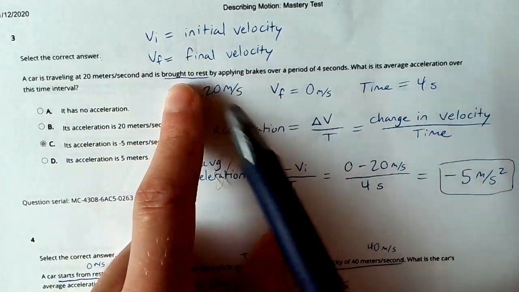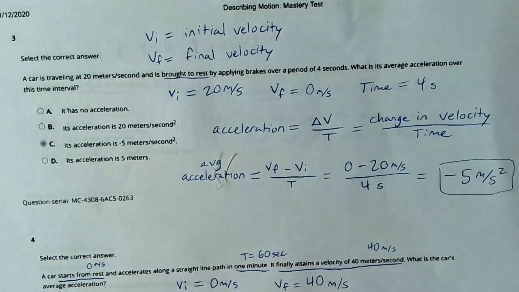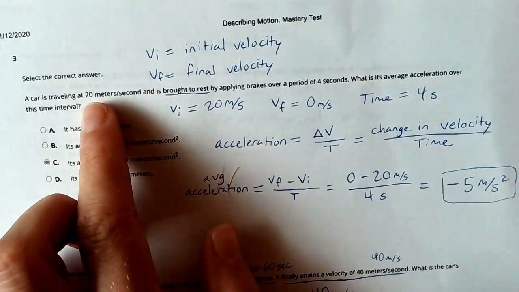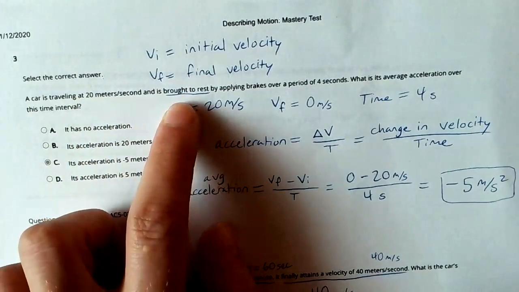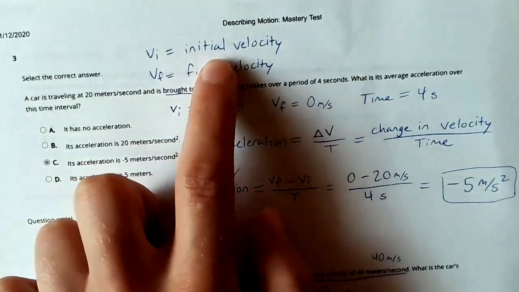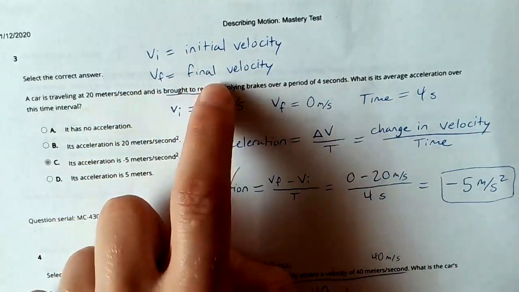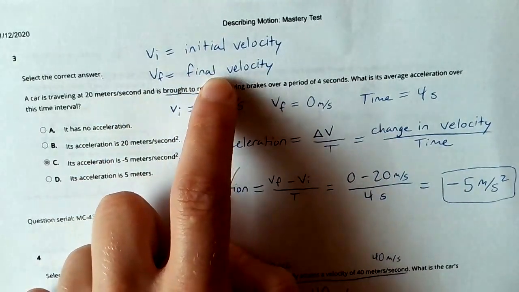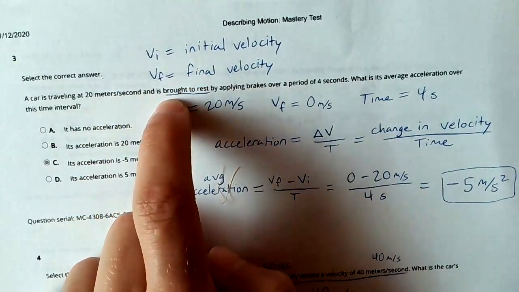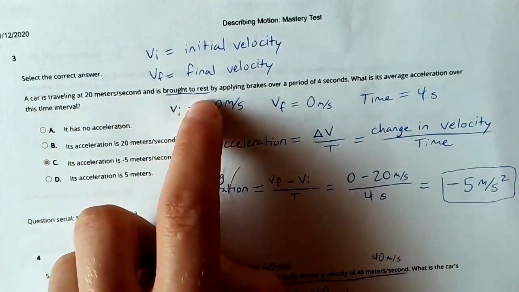If something's brought to rest, it's not moving, okay? And if something starts from rest, that means it's starting from 0 meters per second. But in this situation, it's going 20 meters per second and then it stops. So the initial velocity, the starting velocity, would be 20 meters per second, and the final velocity is 0 because it stops, okay? It was going 20 meters per second, and now it's going 0.